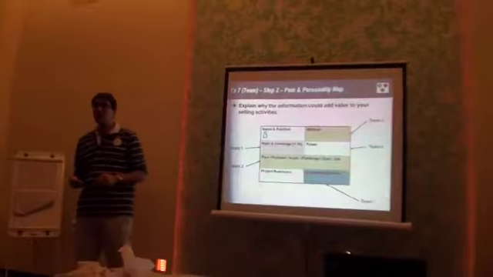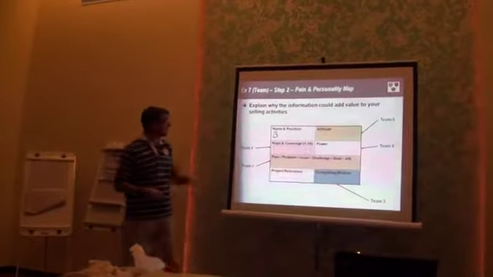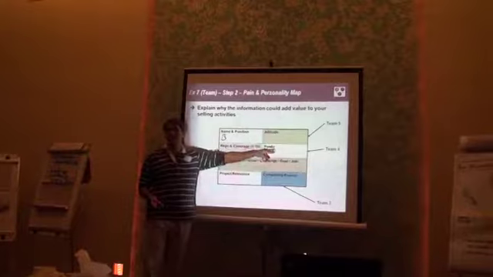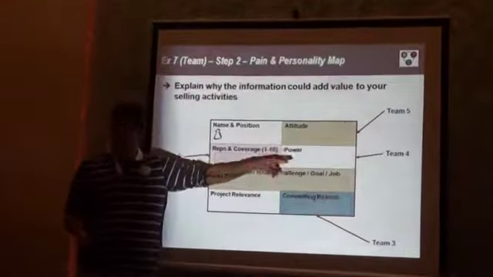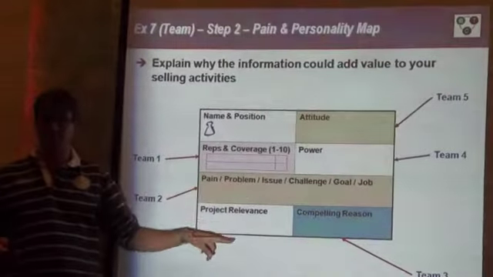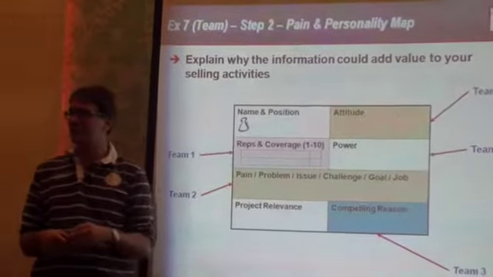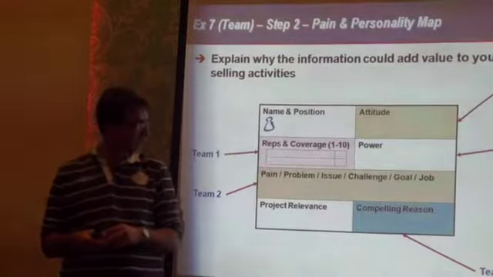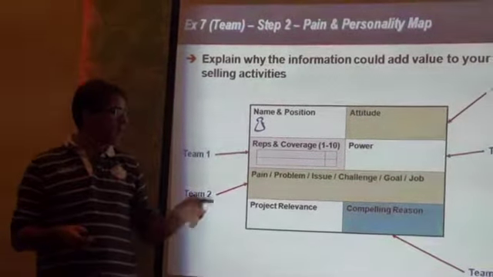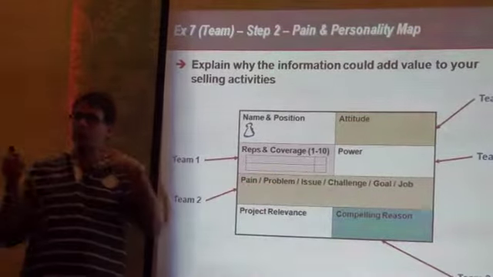They only really work for one opportunity. Attitude is always the same. Reps and coverage is always the same. Power changes. This changes. This changes. All of the other things change with time and with the opportunity as well. Okay? So, pain, problem, issue, challenge, goal, job.